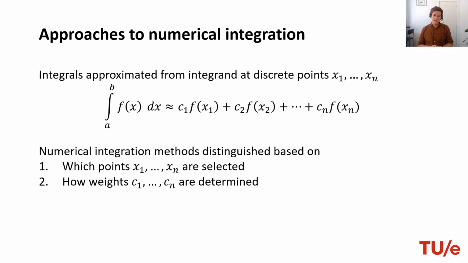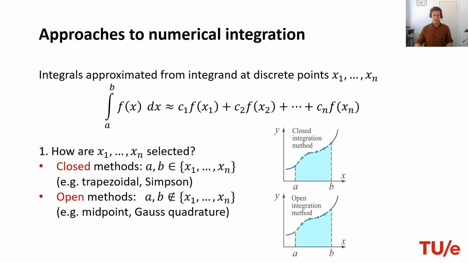The different integration rules can be distinguished based on which points are selected where you evaluate your function and how the weights or the coefficients that you use to compute this weighted sum are determined. We can distinguish this first based on how these points x1 to xn are selected.